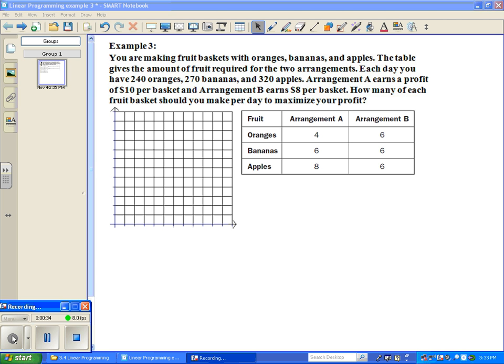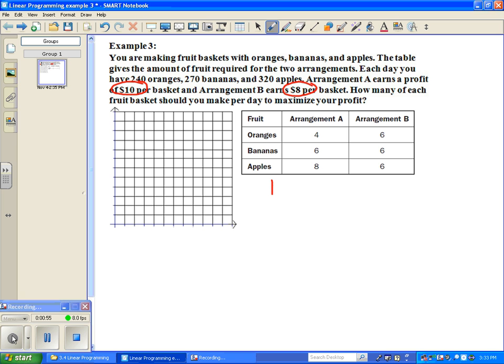So let's start with a profit equation here. The problem tells us that we make $10 per basket A and $8 per basket B. So that amount times how many baskets we sell, if we add those all together, gives us the profit.